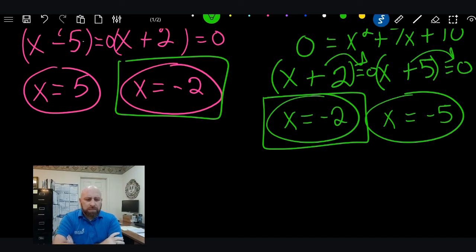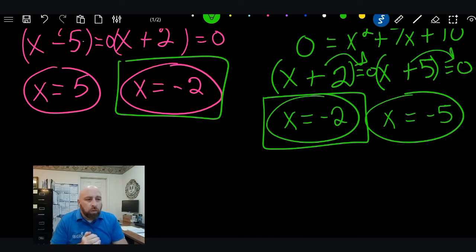One thing that's going to happen sometimes is, yes, those are two different answers, but you only have to write them one time because it's the same number. So yes, we got 4 answers out of this, but technically I only need to write 3 answers. +5, -5, and -2. I only had to write the -2 one time.